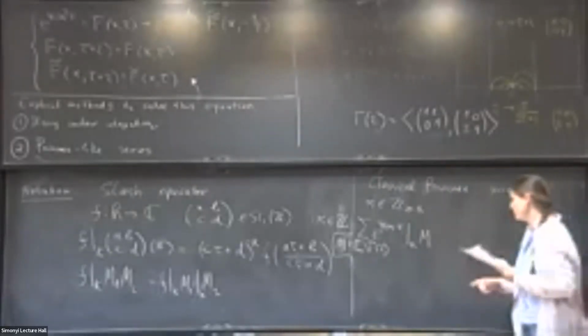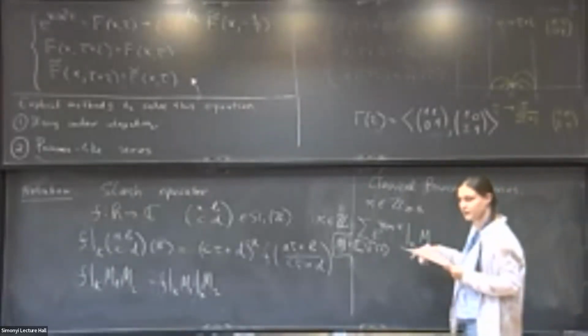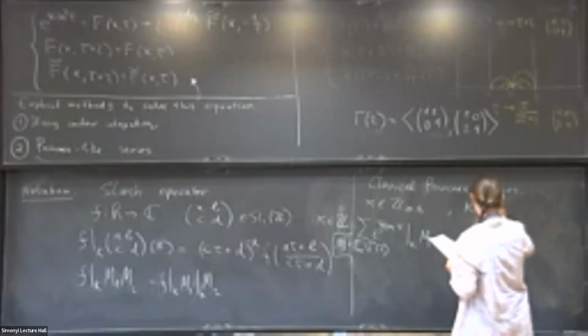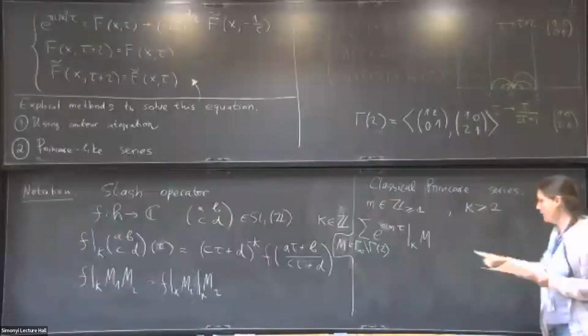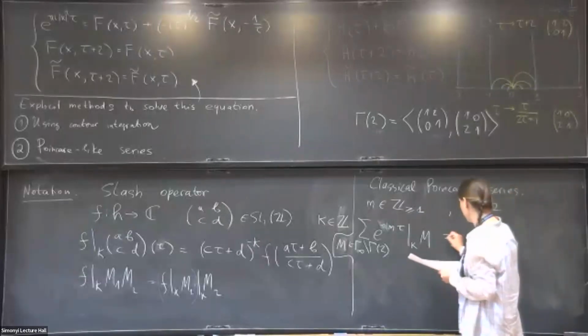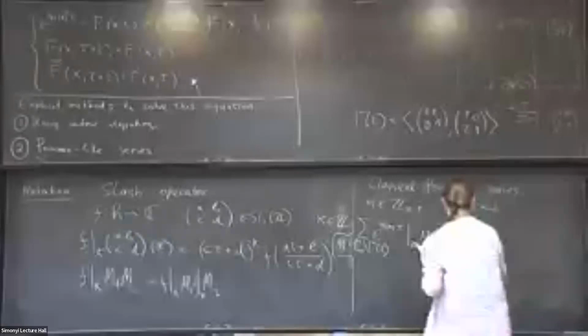It turns out that if k is big enough, bigger than 2, this series converges, and this is the so-called Poincaré series.